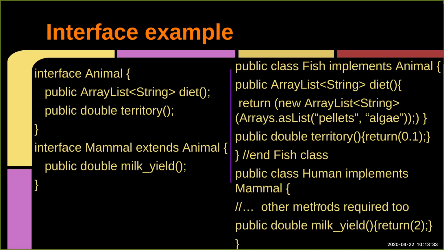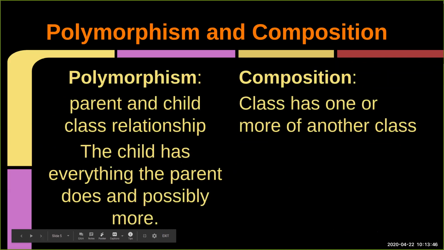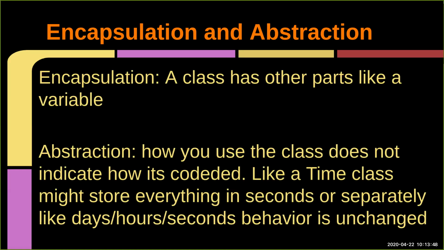So if a human's a vegetarian, they could go in and set this diet array list that gets returned. But that's us using this abstraction, that how the class is coded isn't necessarily revealed.